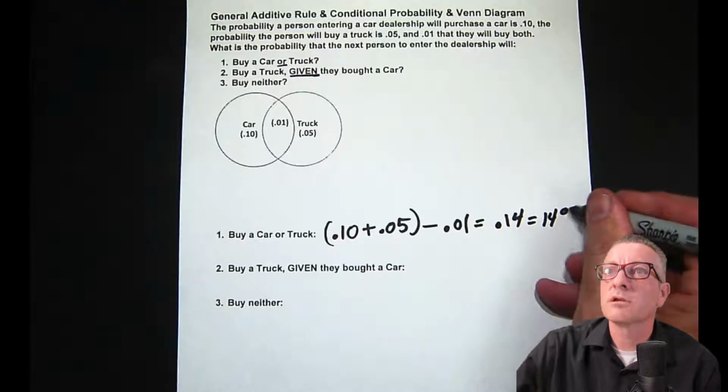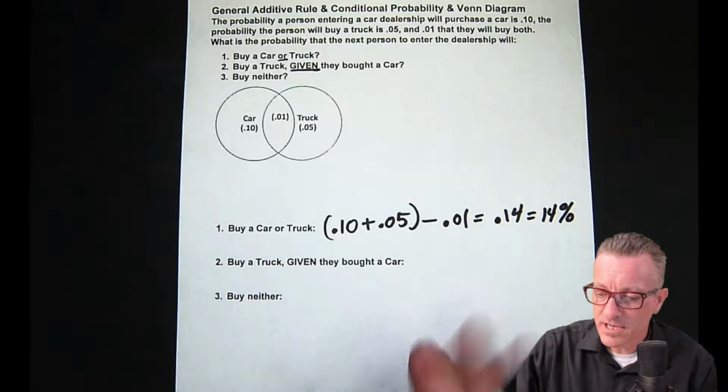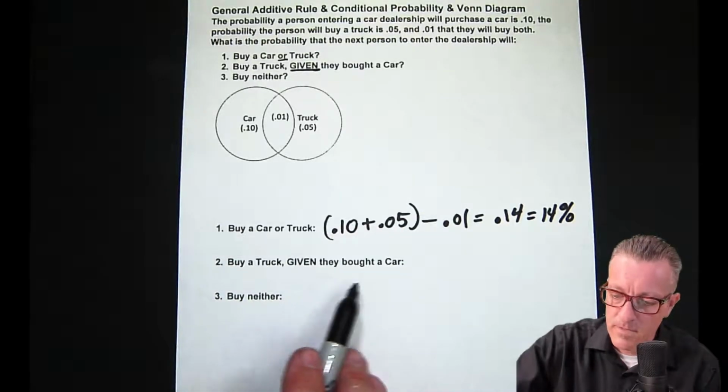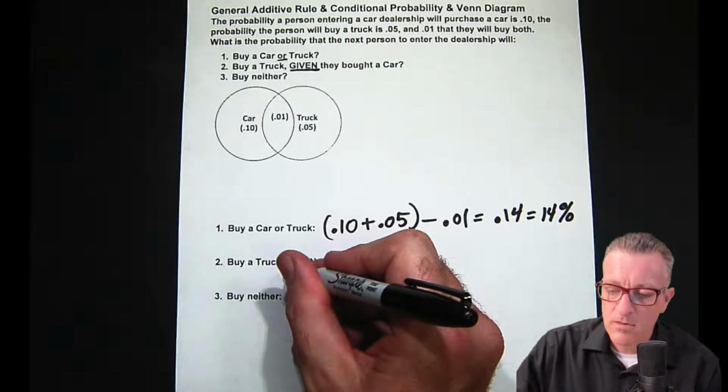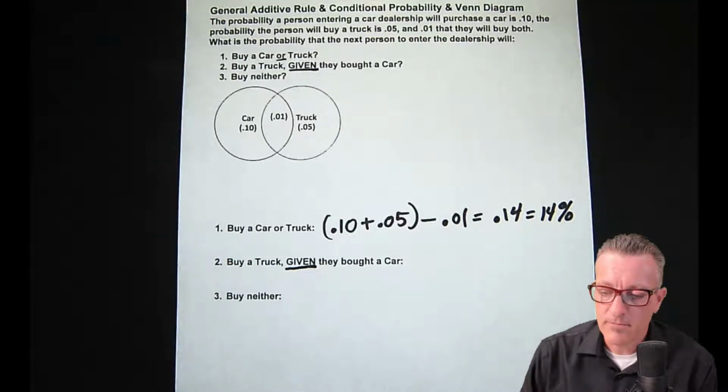Okay. So for the next one, buy a truck given they bought a car. Given is a very important word. Whenever we see given, it restricts our space to work out of. It brings the total probability space down to whatever it says after the given.